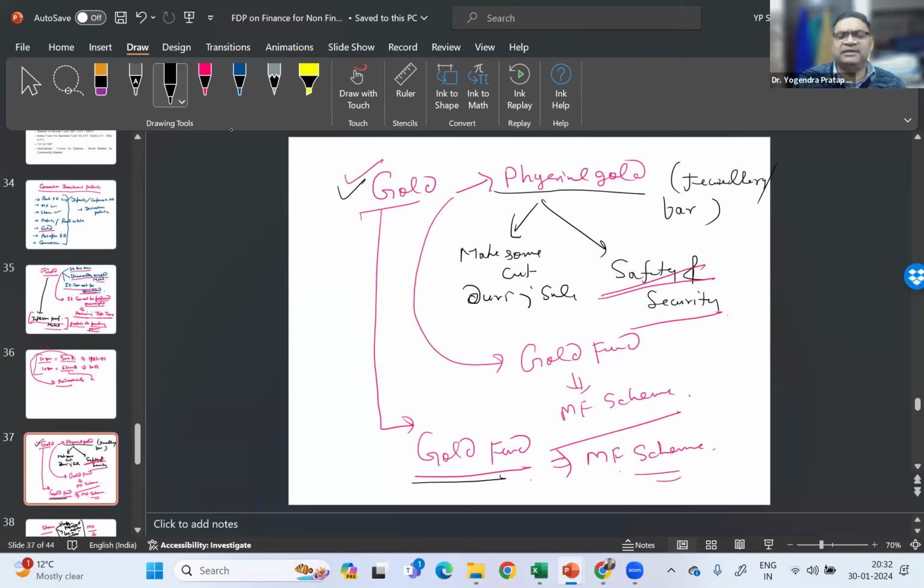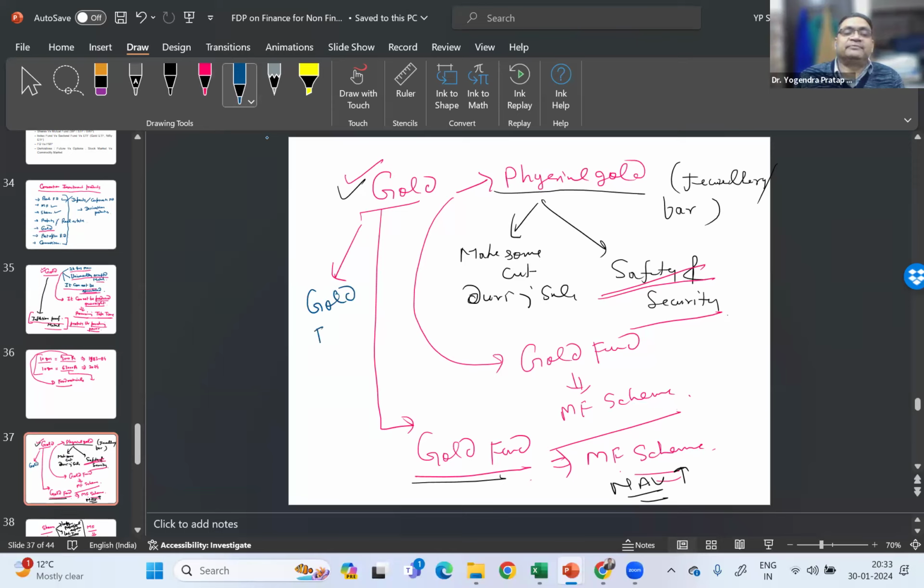Obviously, that company, if everything is okay, the shares of that company will go up, and accordingly, the NAV of that particular mutual fund scheme will go up. But the strongest substitute for physical gold is gold ETF. This is what we are talking about.